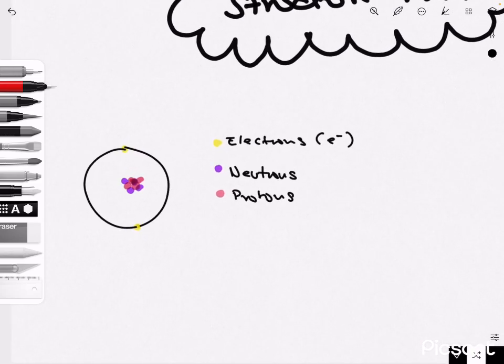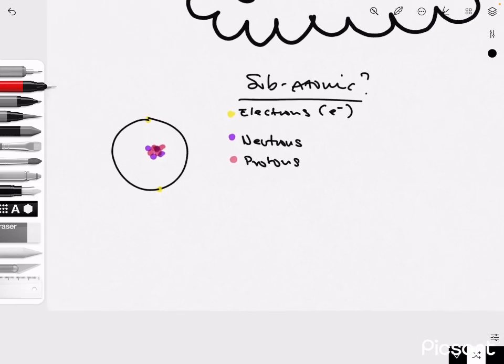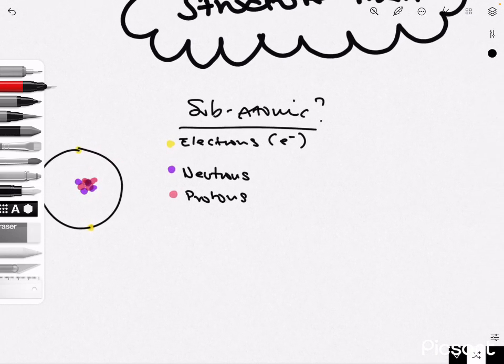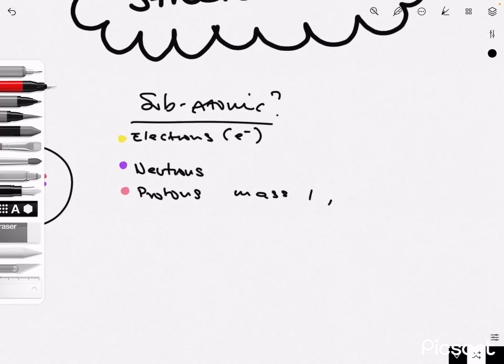So, what are these subatomic particles? A proton has a mass of 1 and a relative charge of 1 as well.